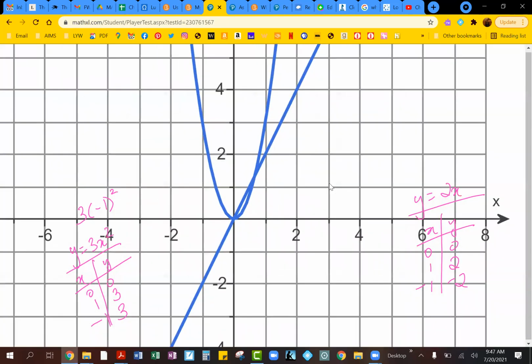And just to zoom in a little bit, you should be able to verify that we definitely have the ordered pair 0, 0 where the 2 graphs are intersecting. And then this other point where the parabola and the line are intersecting will of course be where our 2/3 and 4/3 ordered pair was going to be.